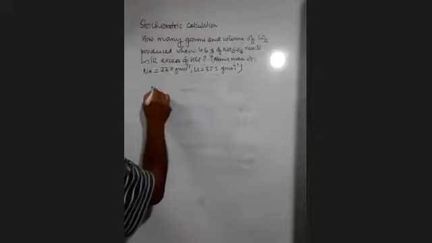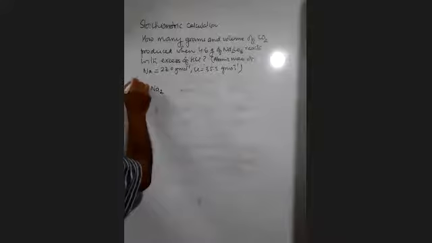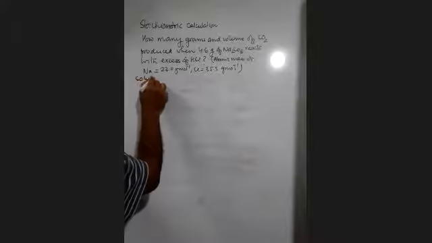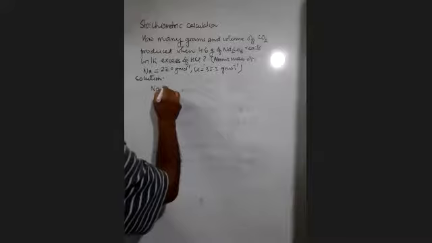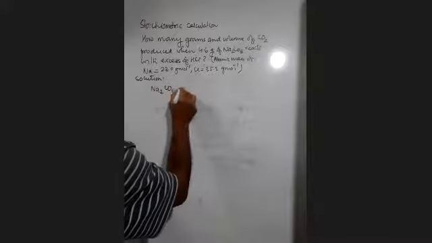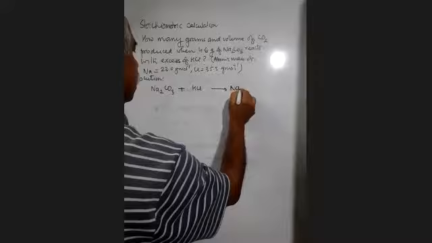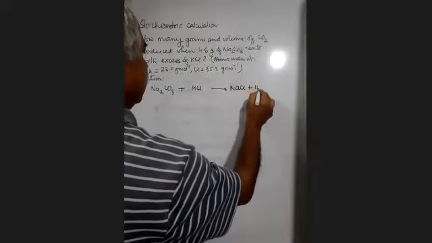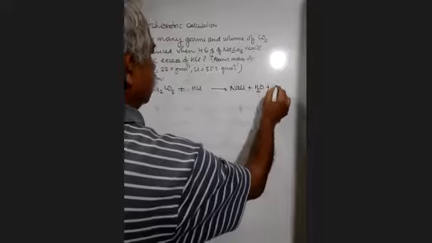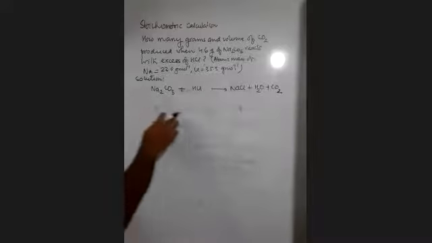So first we'll write the equation. Sodium carbonate, HCl gives us NaCl, H2O, carbon dioxide. So I have to balance. 2 sodium, here I have 1.